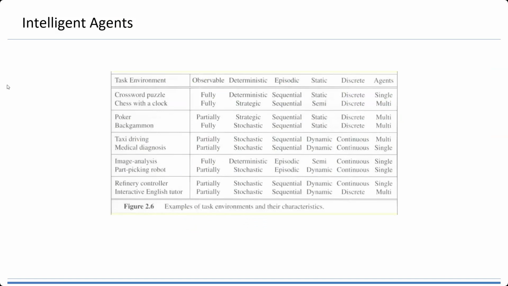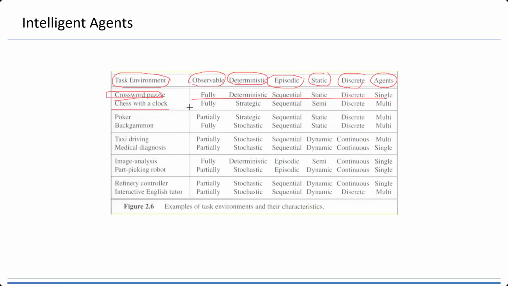There's a book that mentioned the task environment, which covers observable, deterministic, episodic, static, discrete, and the agents. It depends on the application. For example, for the crossword puzzle, this is the definition.